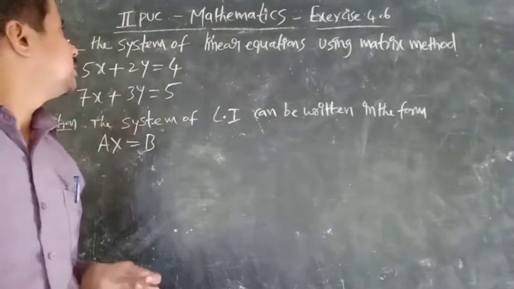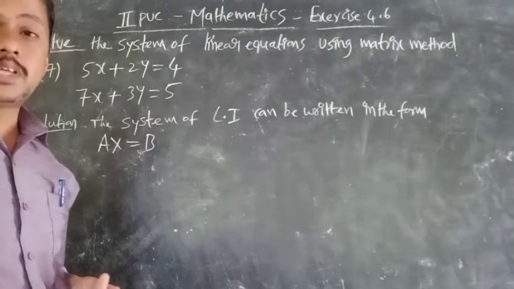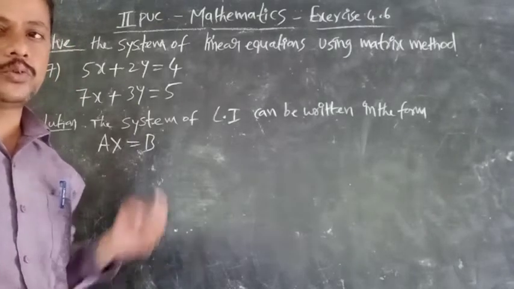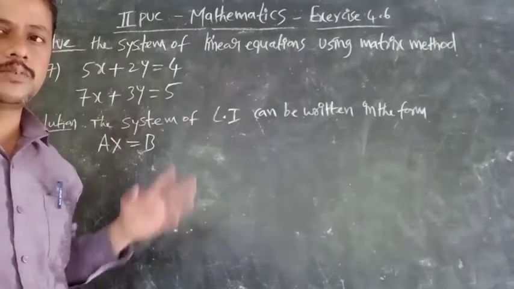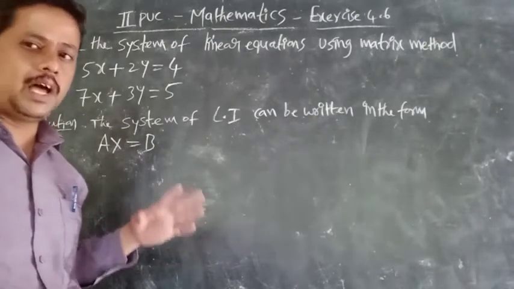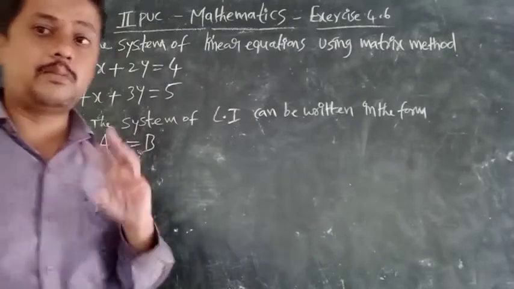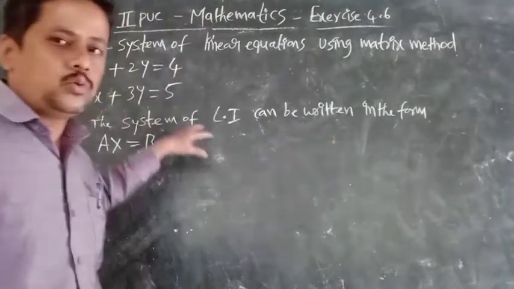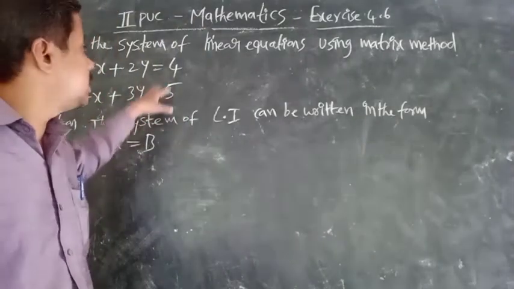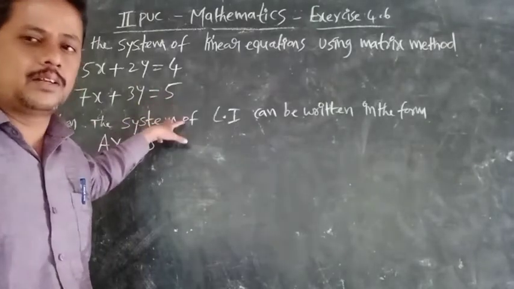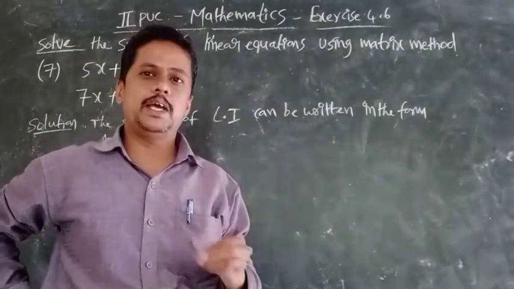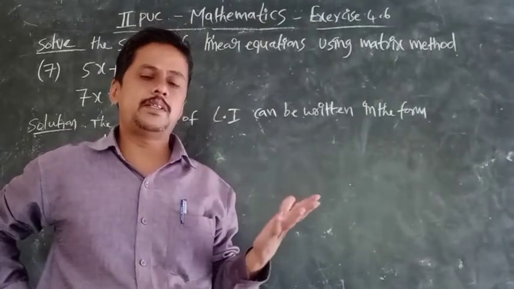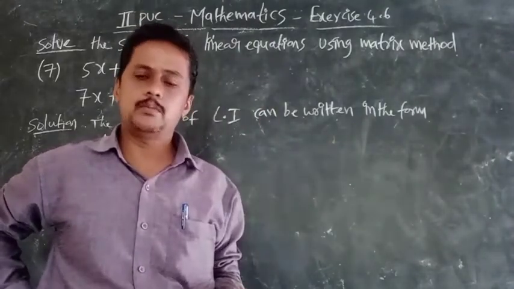We have to solve the system of equations by choosing the matrix method. This is a 5 marks question. Actually they will ask a 3 by 3 matrix in the main examination. Here a 2 by 2 matrix will come because 2 equations are there. Learn this one first, so the concept will be clear in 2 by 2 and 3 by 3 will be very easy, okay my dear friends.